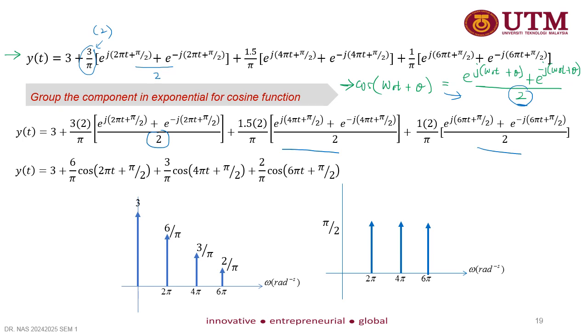This is already in cosine function, this is the second component, and this is the third component. 6 over pi, this is whatever is inside the bracket. So you already have the trigonometric equation.